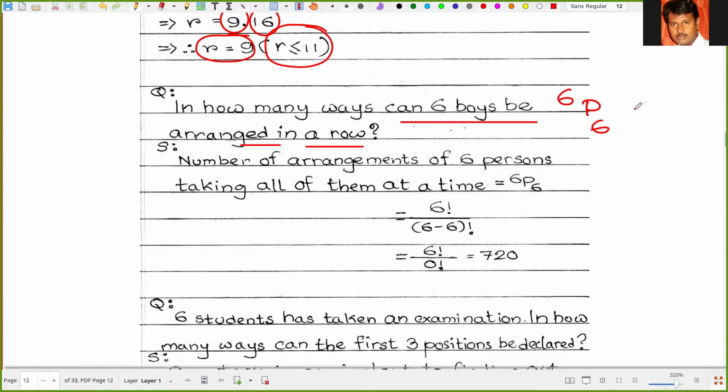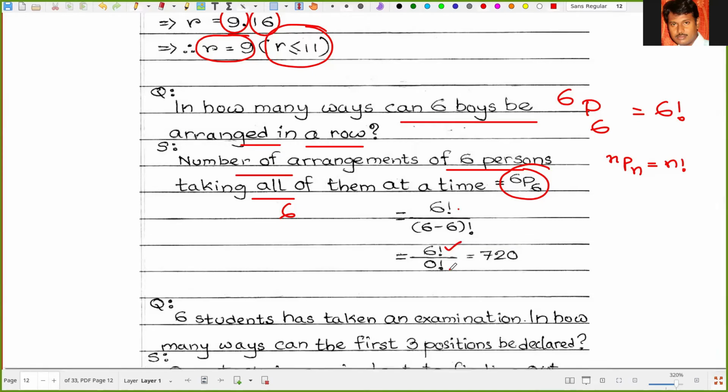That means we can write it as 6 factorial, because we know nPn is equal to n factorial. In the same way, number of arrangements of 6 persons taking all of them, that means 6 of them at a time, must be 6P6. So 6 factorial upon (6 minus 6) factorial is equal to 6 factorial upon 0 factorial, or 6 factorial is equal to 720.